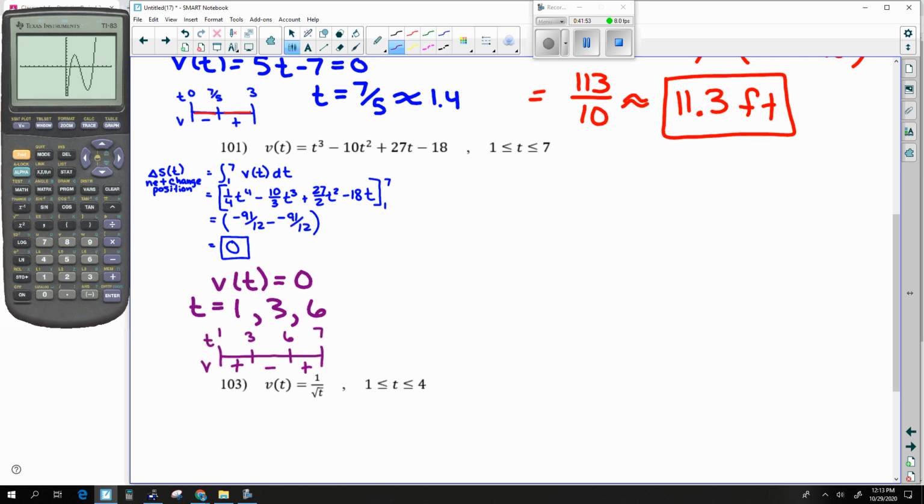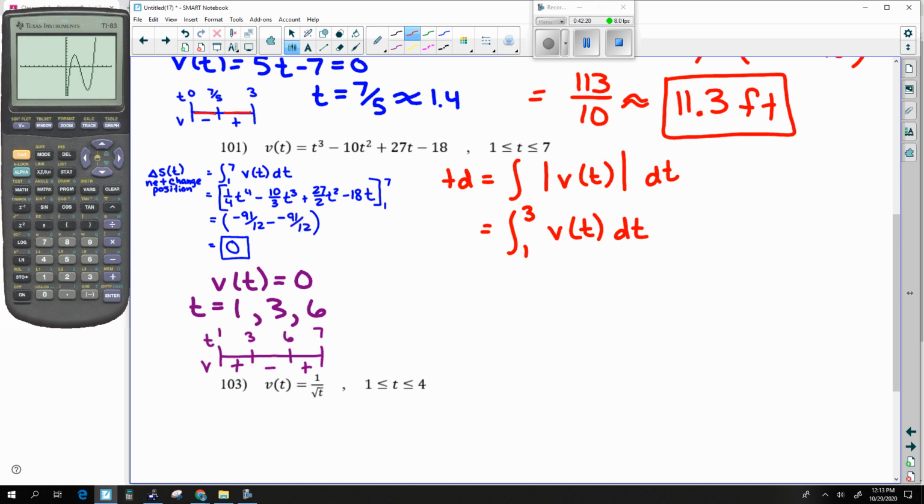Okay, so what does that help me with the total distance? Total distance is equal to the integral of the absolute value of velocity over the time frame. So what that means is I start off with a positive distance from 1 to 3, and because that's positive, I don't have to do anything to it.